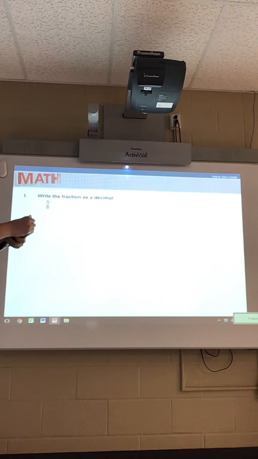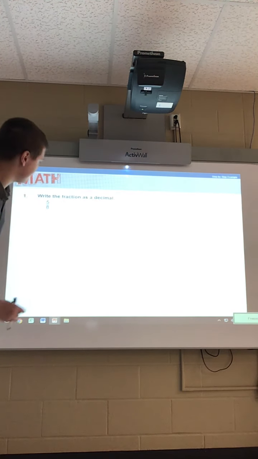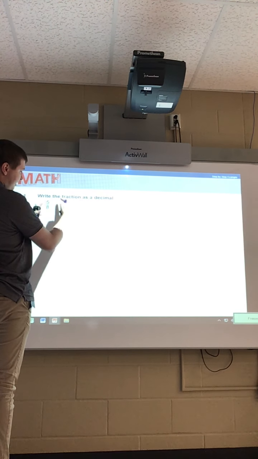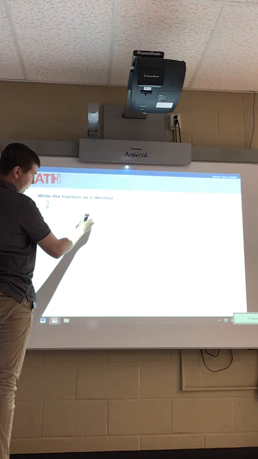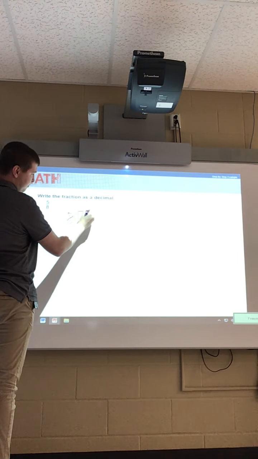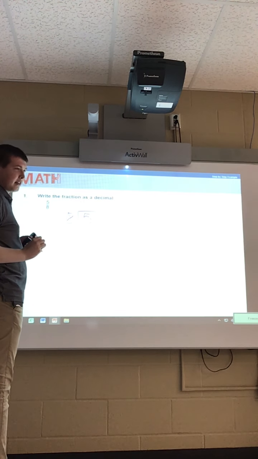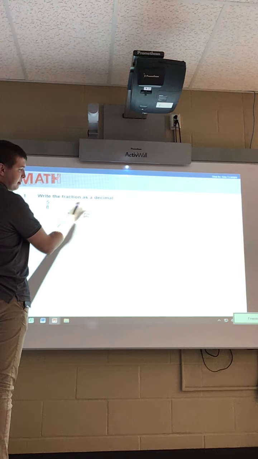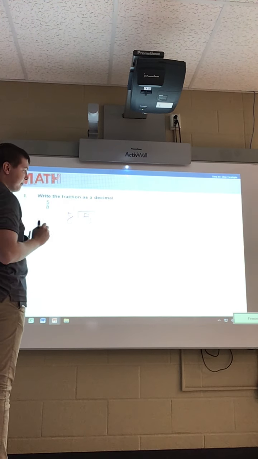The only way that you can write this fraction as a decimal is by dividing it. When you set it up, you can tilt it on its side: 5, the fraction, 8, and make a line like that. Or just write it left to right, so 5 divided by 8.